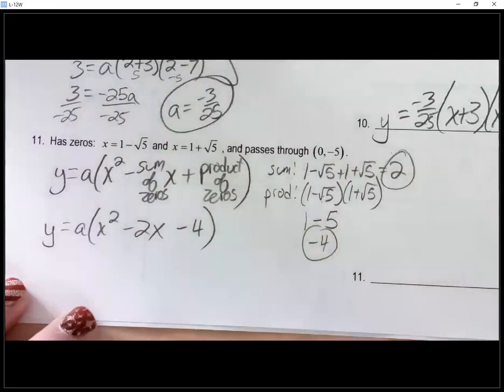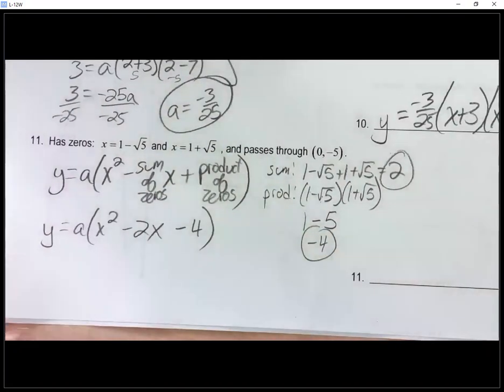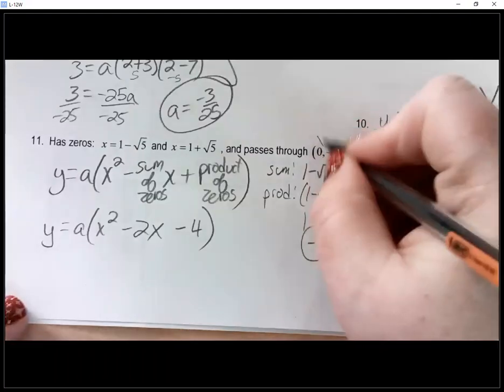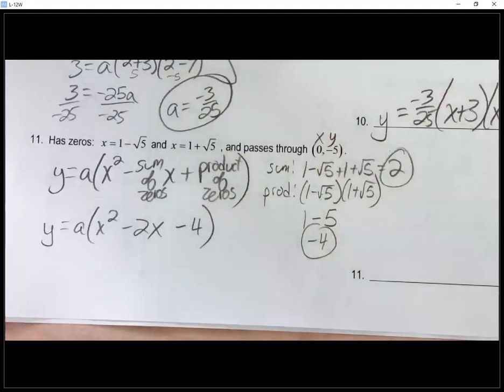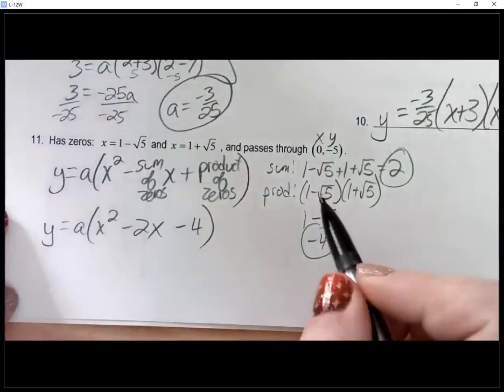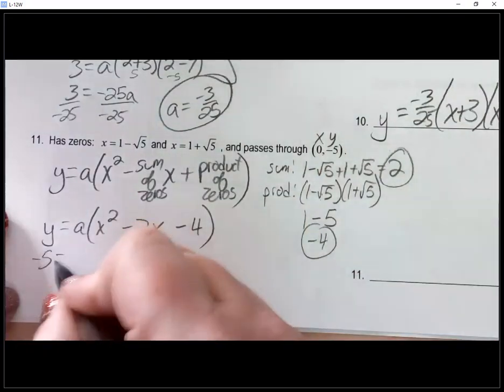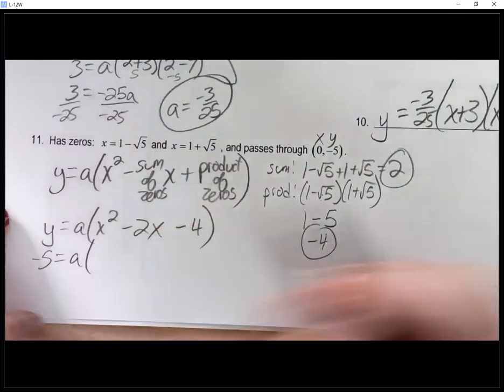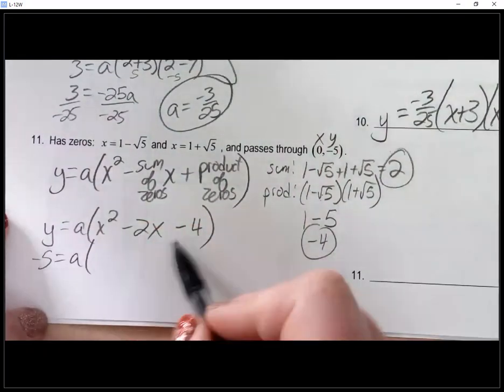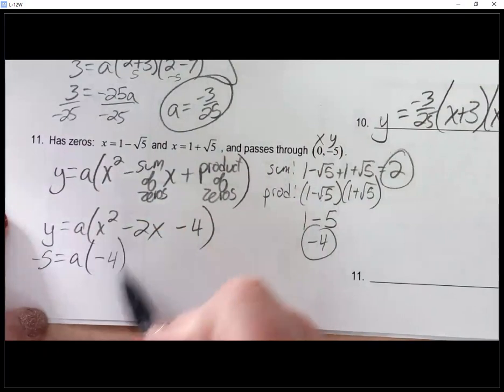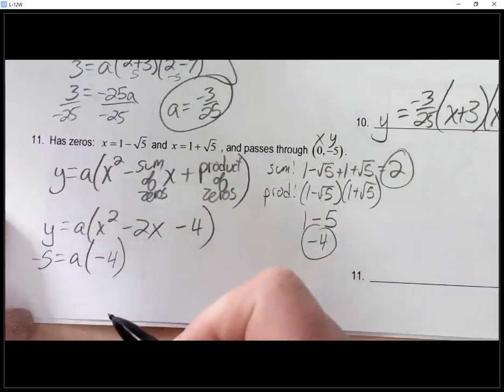So now I'm almost done. All I need is to figure out what A is, and they gave me an X and a Y. So let's just pop in that X and Y, and I'll be able to figure out A. If X is 0, that just gets a negative 4 there, right? So I get 5/4.